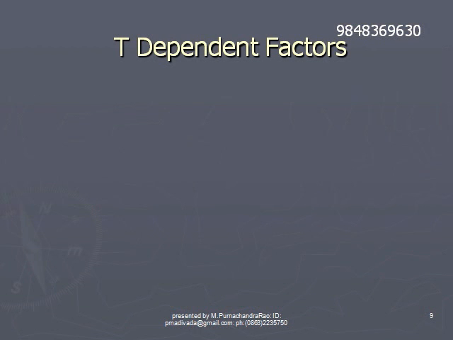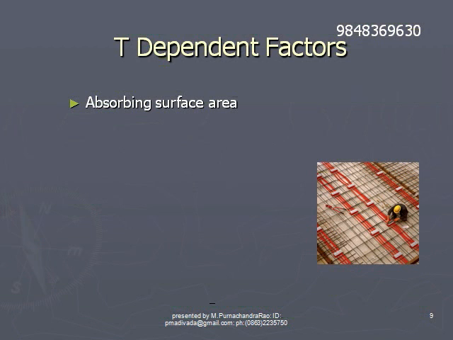Factors that determine the reverberation time. Generally, we calculate reverberation time in the case of an auditorium or a theatre. Whenever we consider such a structure, the reverberation time depends on the absorbing surface area, the surface area, and the absorbing material nature.